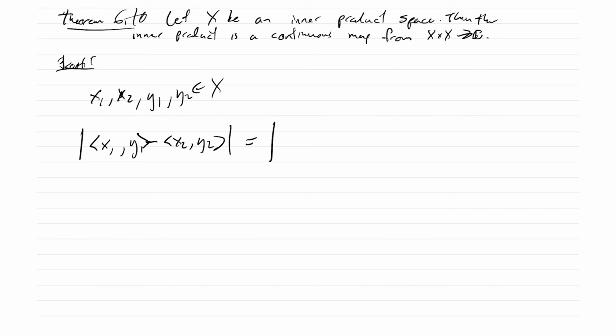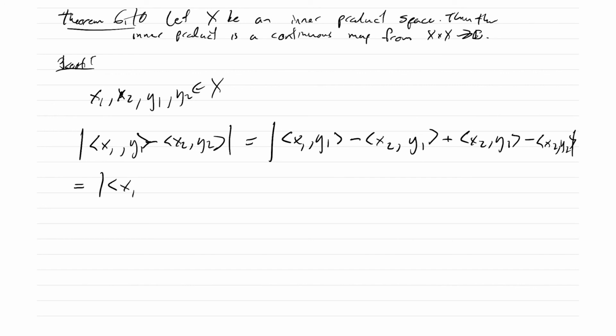If I add and subtract, say, x2, y1, I don't change anything. But what I can do is use linearity of the inner product, and so I get x1 minus x2, comma y1, and then I get minus x2 of y1 minus y2, or sorry, y2 minus y1.